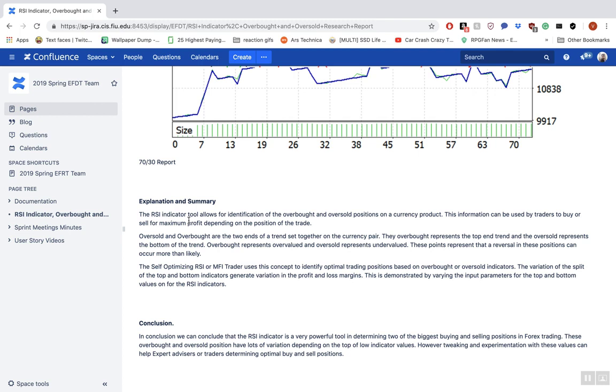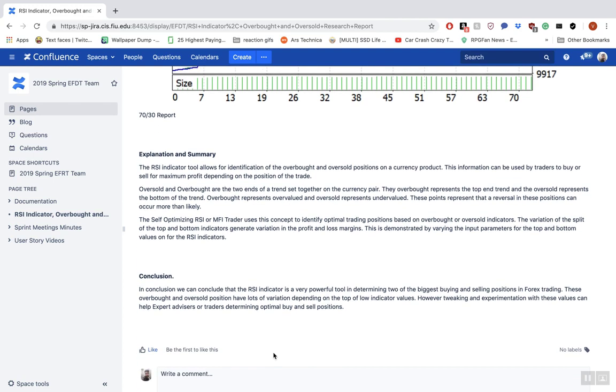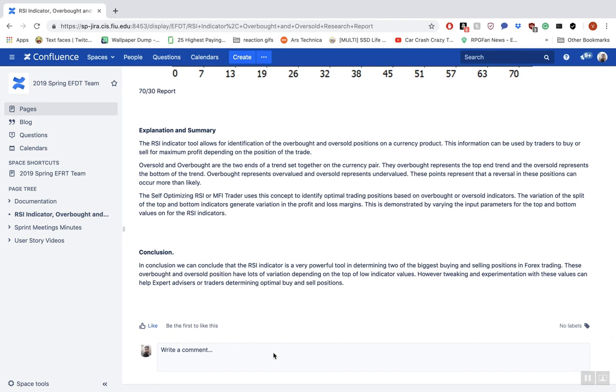And these points represent a potential reversal in these positions, which can occur more than likely. If you're in the overbought position, it is recommended to sell, and if you're in the oversold position, it is recommended to buy. And that's pretty much our conclusion as well, since the RSI is a very powerful tool in determining the biggest buying and selling positions in Forex trading.